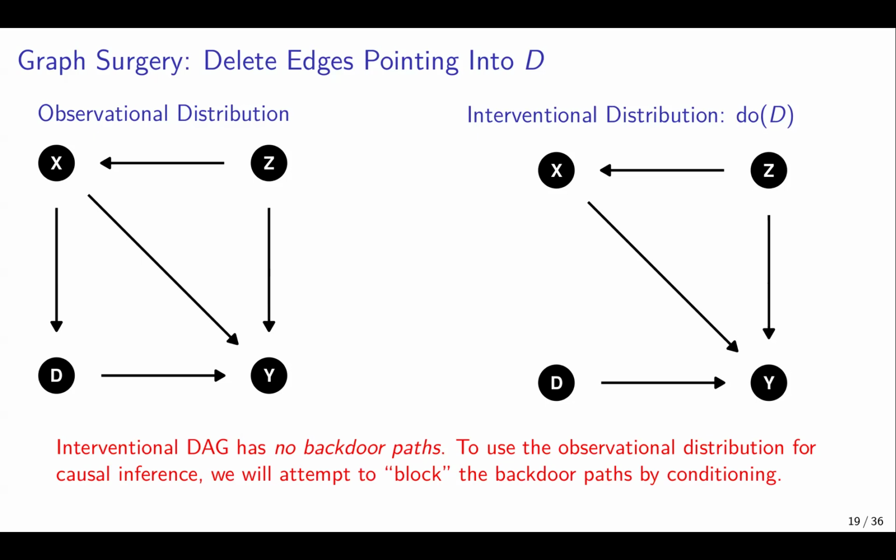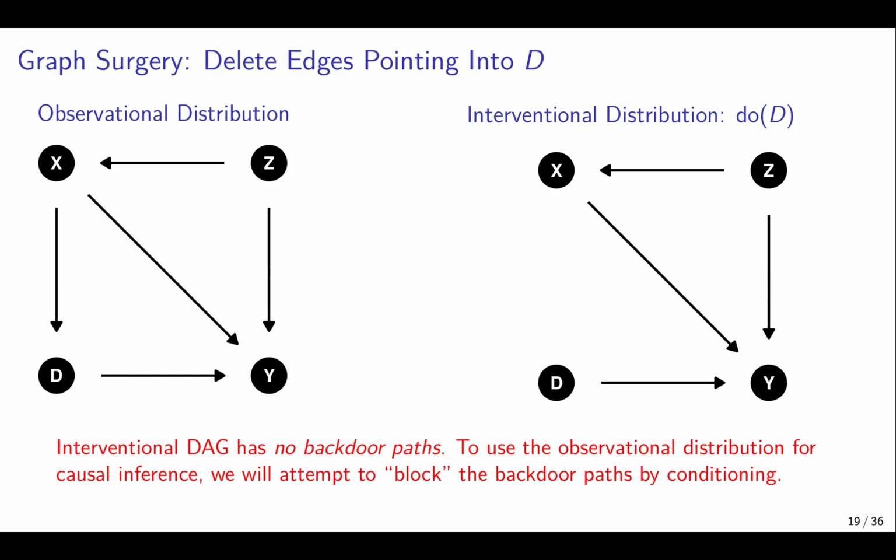It's perfectly possible that there's some causal nexus out there between, I don't know, family background Z and wage. Family background can also cause X. Maybe X is, it could be secondary school performance, and perhaps secondary school performance also affects wage. But if we did a randomized controlled trial and randomly sent some people to Oxford, we would still have a nice clean causal path from D to Y.